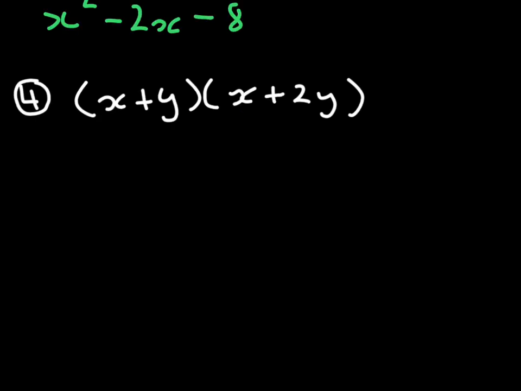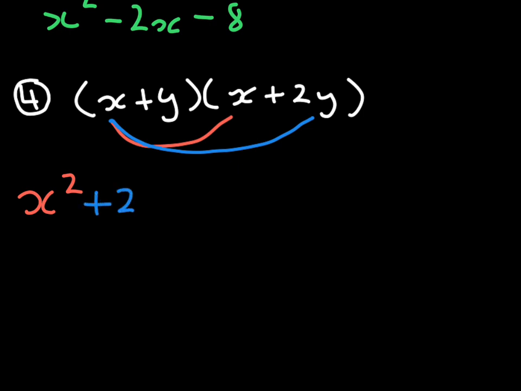For question 4, we're once again multiplying two binomials. So we'll once again need to remember our FOIL acronym. So F, which was for first, means we're going to multiply x by x, and this gives us x squared. O was for outer, so we multiply x by 2y, and this will give us plus 2xy.